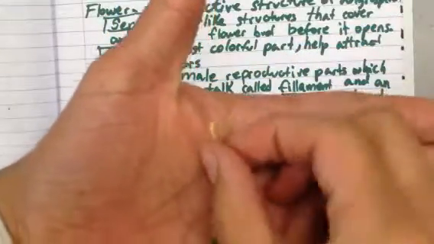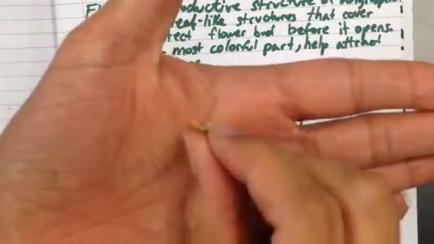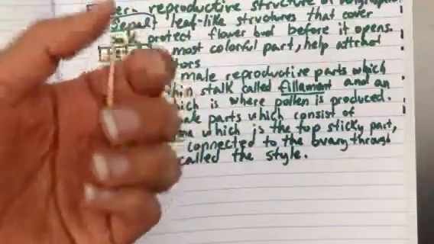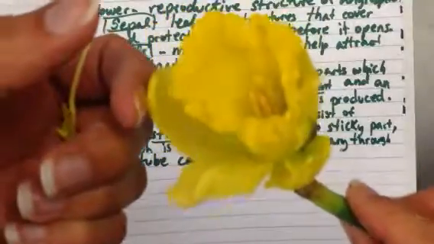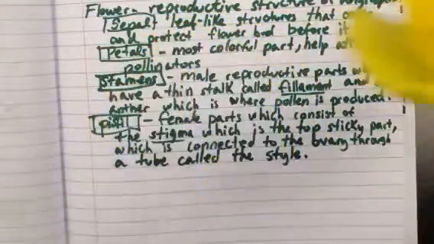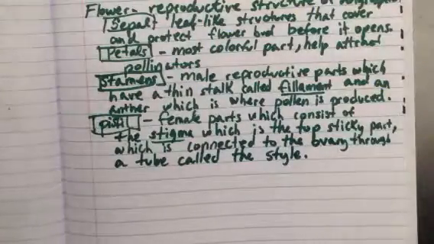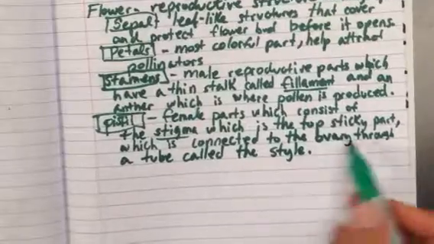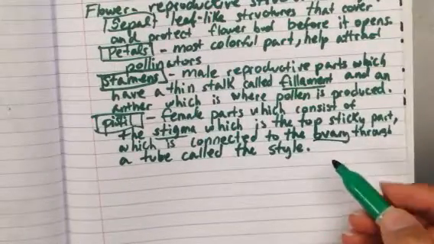So here's my little dissected daffodil, I kind of tore this guy apart. This little guy is the stigma, and this is the style, and down here is the ovary, which I've actually cut open. See if you can see that. So you can see all the little eggs on the inside. It's kind of hard to tell because it's all yellow, but the stigma of this one is sticking up right here, right in the middle of the flower, which goes to the ovary through a tube called the style.